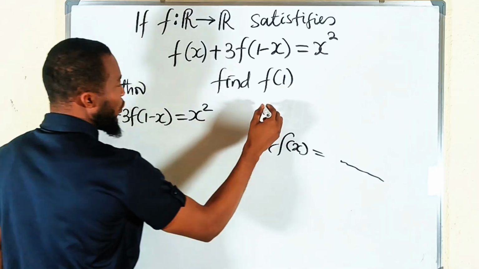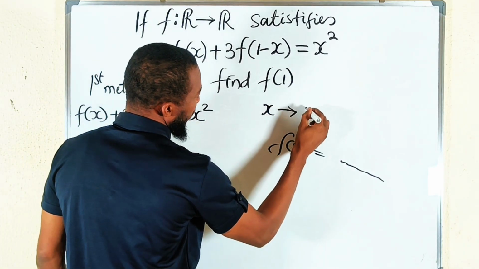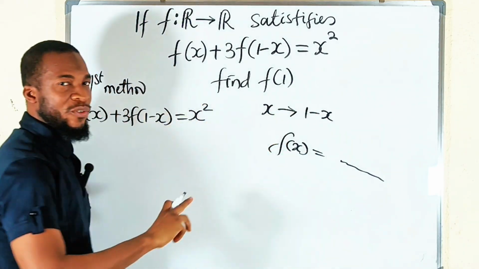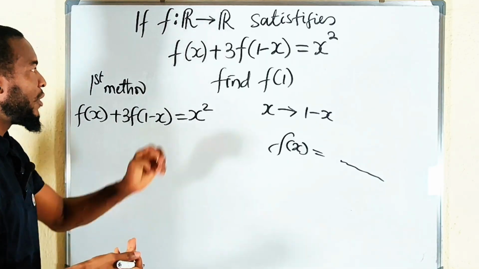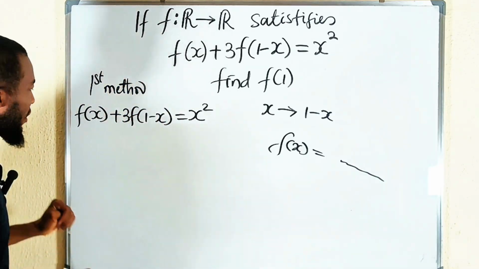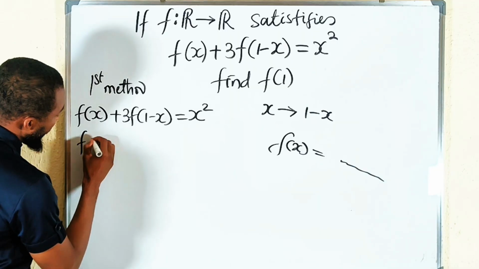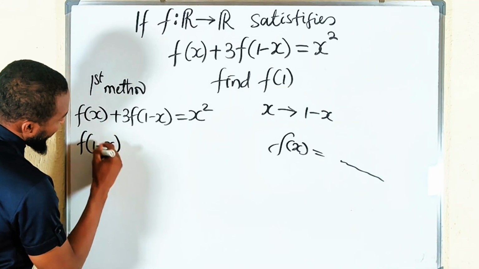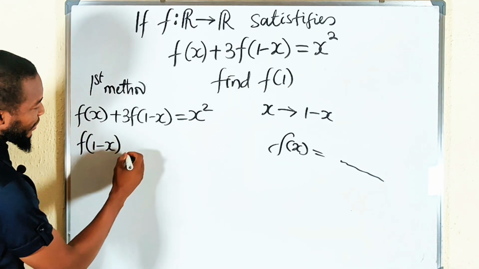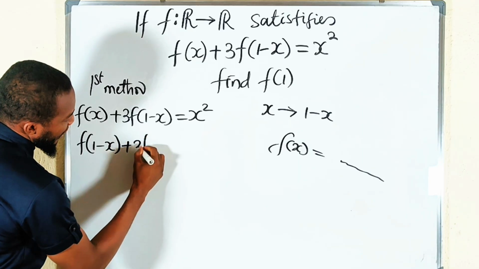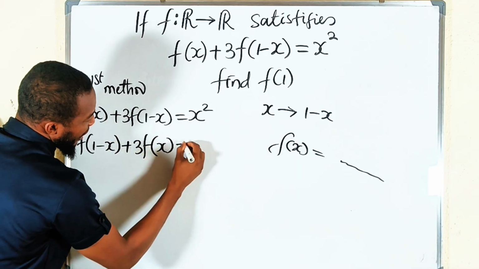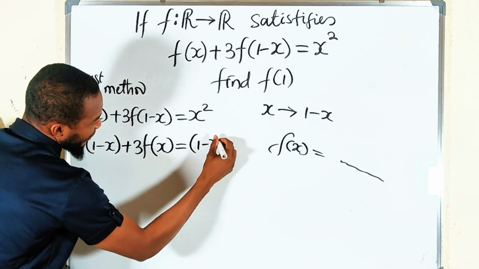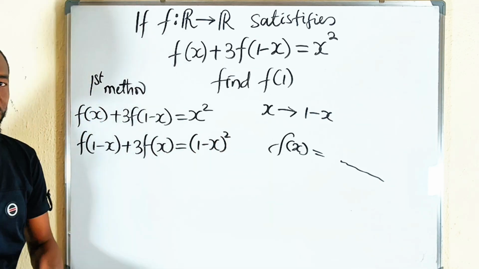Now I would like to switch x with 1 minus x. You know it is allowed. You can substitute anything into the function. So this is going to be f of 1 minus x, in place of x we have 1 minus x, plus 3 times, in place of 1 minus x it is going to be x, and this is equal to (1 minus x) to the power of 2.